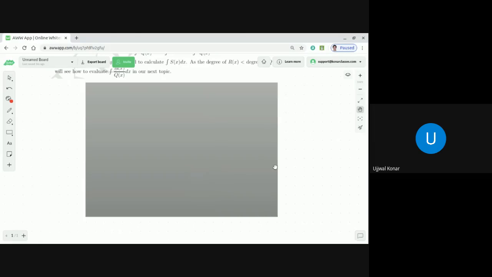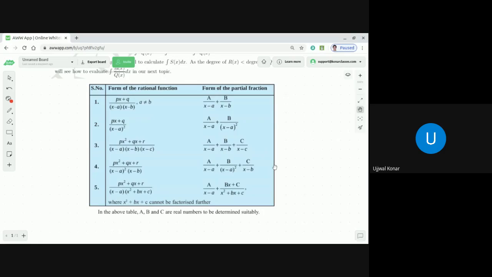So what it says is that when the rational function is in the form of (px + q) by (x - a)(x - b), the first case, then we should express that proper rational function in the form of A by (x - a) plus B by (x - b).